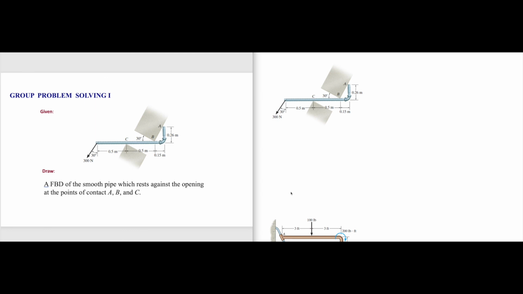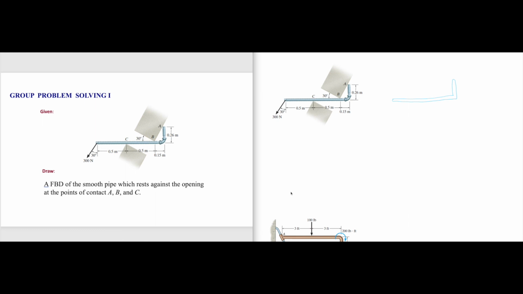So we have to first of all draw the free body diagram of the pipe. So to draw the free body diagram of the pipe, what should we do? We should first draw only the pipe. That means we will draw only the pipe. So I'm going to draw only the pipe.